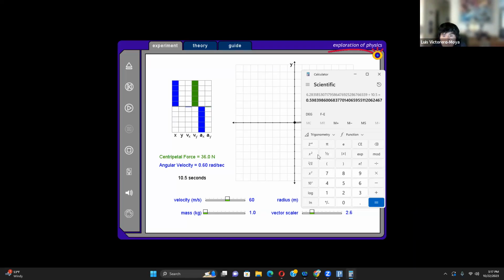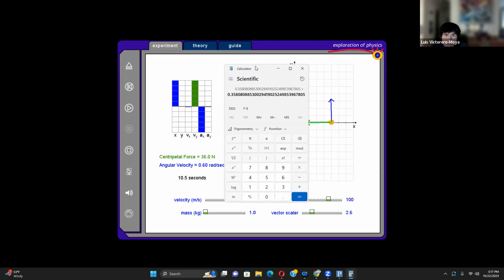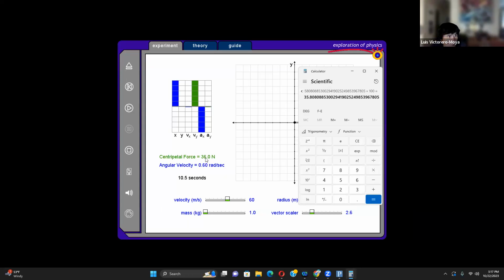If I square this, multiply by the mass, which is 1, multiply by the radius, which is 100, I get 35.8, close to 36, but it's not exactly 36. So that's good for discrepancy calculations. All right, so you have to do a discrepancy calculation, and that's basically part 1.